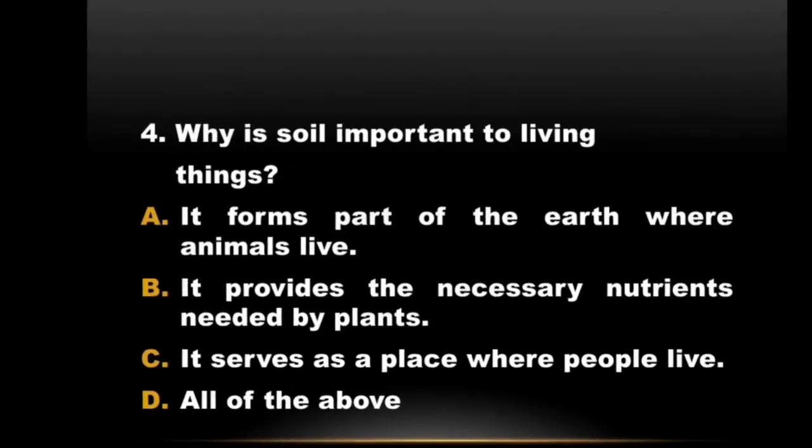Number 4. Why is soil important to living things? A. It forms part of the earth where animals live. B. It provides the necessary nutrients needed by plants. C. It serves as a place where people live. And D. All of the above.